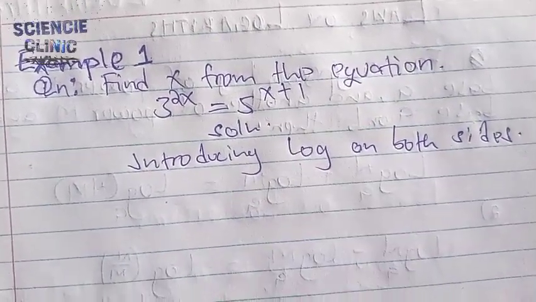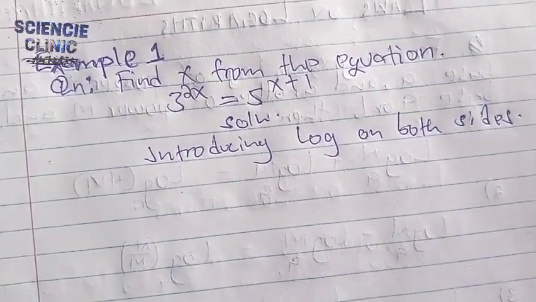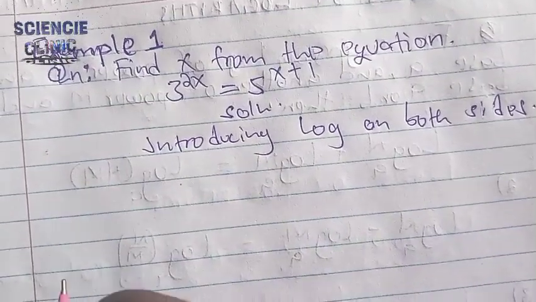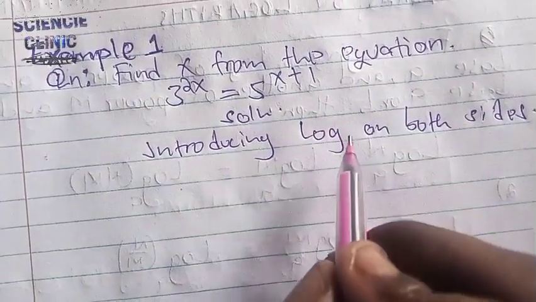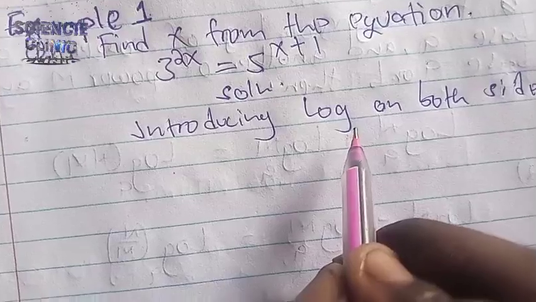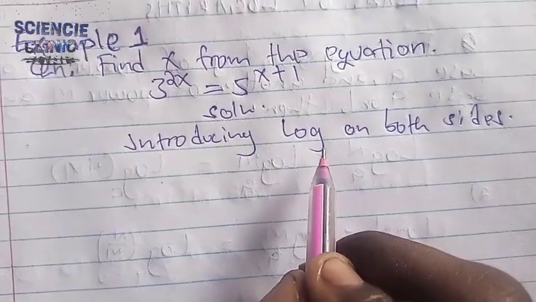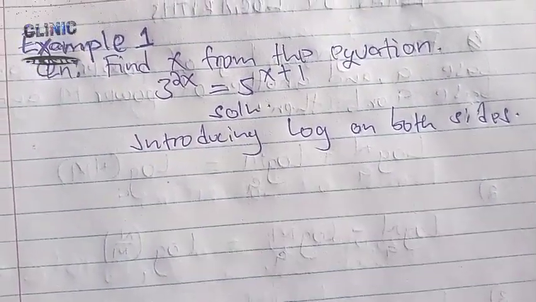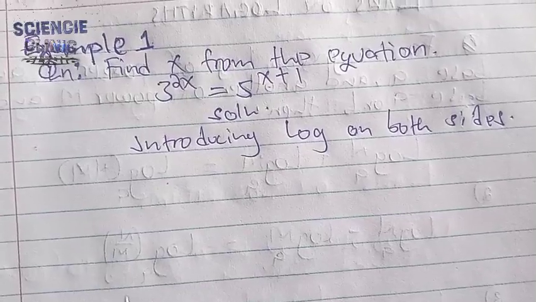Any log without a base is log base 10, so don't worry if you are not seeing a base here, because we have a principle saying any log without a base is of base 10.